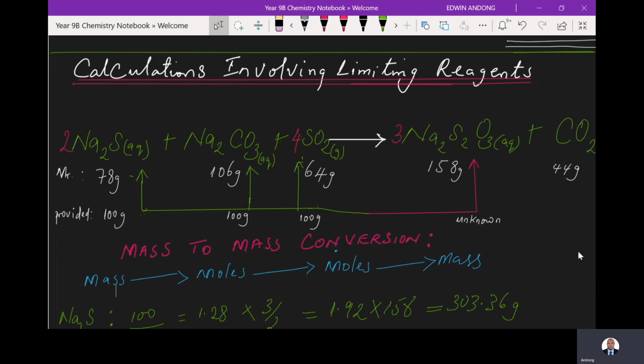Now, in calculations involving limiting reagents, there are some certain things you have to take into consideration. One, what is a limiting reagent, or what is a limiting reactant? Two, what relationship does a limiting reagent or reactant have with the product?